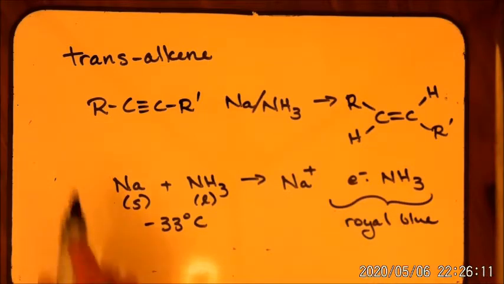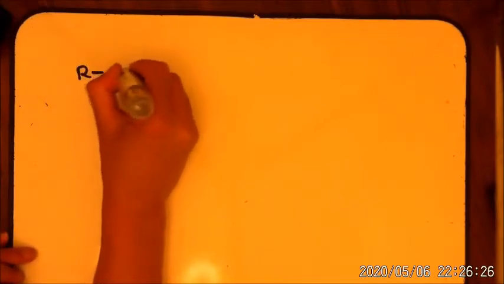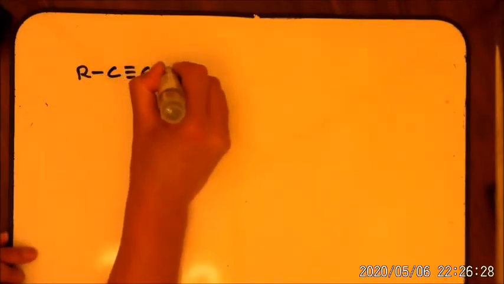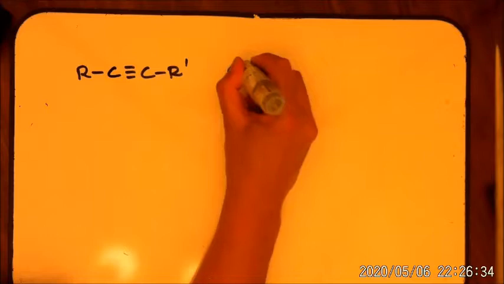So let's look at the mechanism for this reaction. R, C, this is what I have. I have my alkyne, and what I have is my electron that's complexed to ammonia.